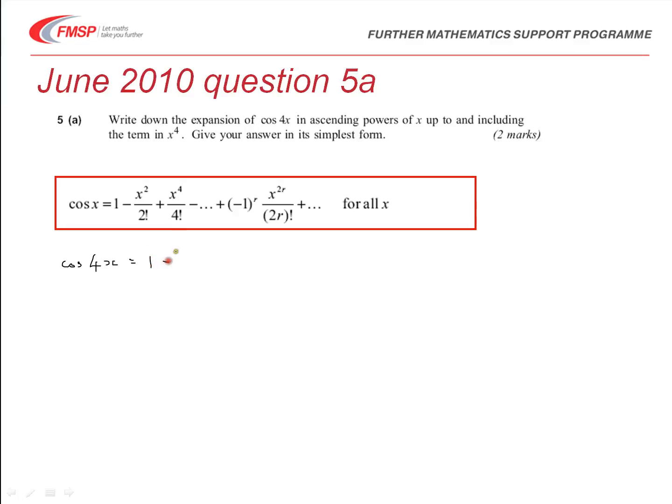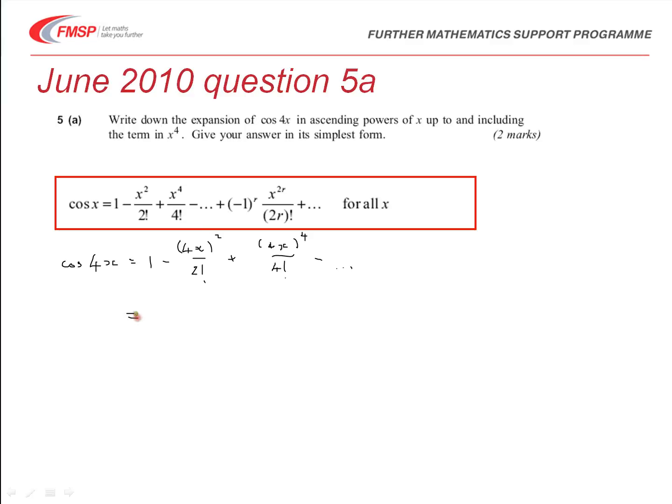So we're going to get 1 minus (4x) squared over 2 factorial plus (4x) to the 4th over 4 factorial. And that obviously continues.